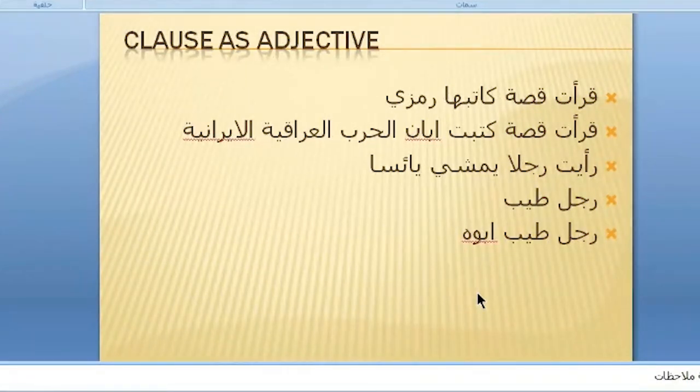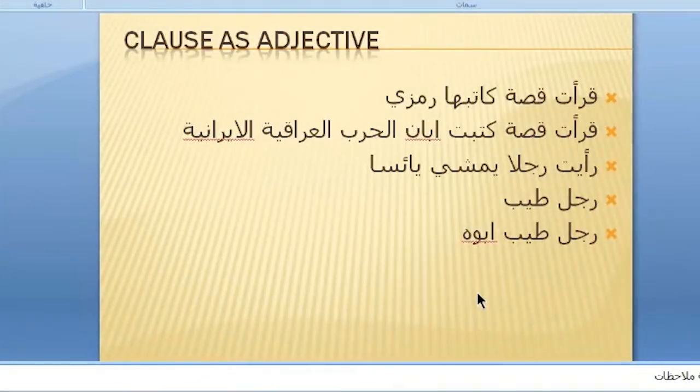But in the second one, رجل طيب أبوه, هي طيب does not modify الرجل, لا, it modifies الأب. طيب منو اللي طيب؟ طيب أبوه. طيب أبوه, both of them refer to الرجل. إذن هذا وصف، لكن وصف غير مباشر, indirect, يسمى باللغة العربية بالنعت السببي, يعني causative modification, أو يسمى بالindirect modification.